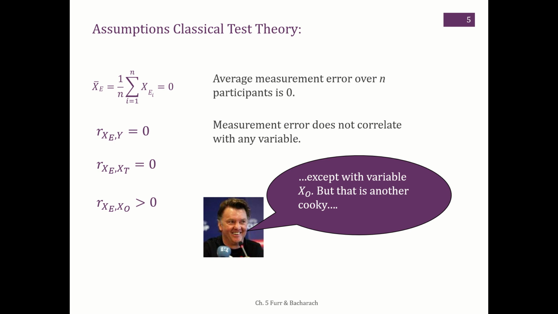So obviously, the higher the error, the higher the observed score. The lower the error, the lower the observed score. It's the sum, and it's part of the sum. So it's related to the observed score, but that's more or less by accident. But based on theory, because it happens by accident, error is not related to anything else.